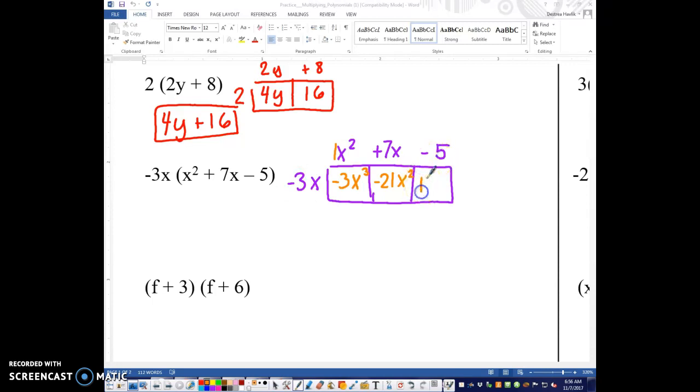It's a positive 15, and then don't forget the x here. So our answer here will be -3x to the 3rd minus 21x squared plus 15x. Now pause the video and do the problem to the right.